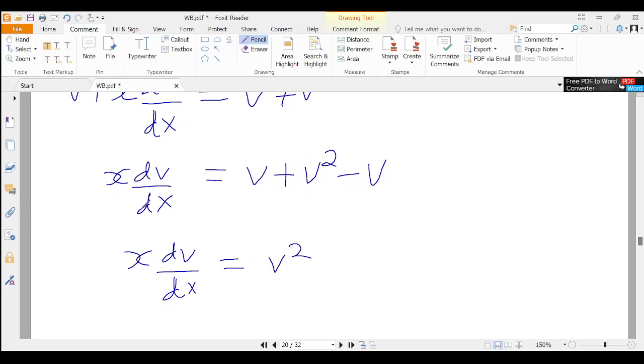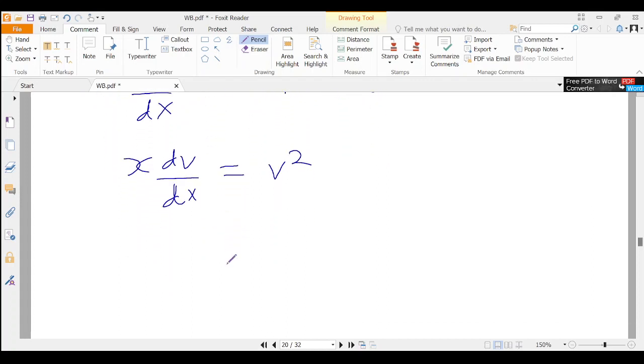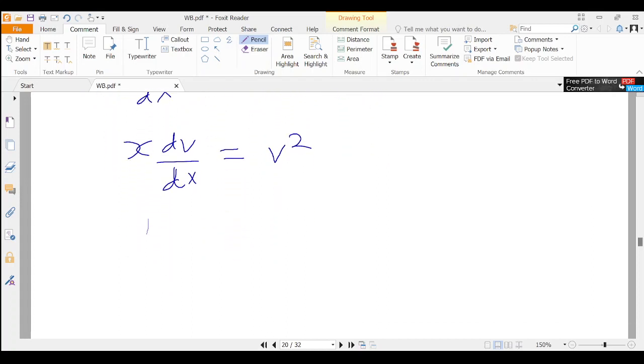The left-hand side we have x dv/dx. So I'm going to take the reciprocal on both sides so that I have 1 over x dx by dv is equal to 1 over v squared.